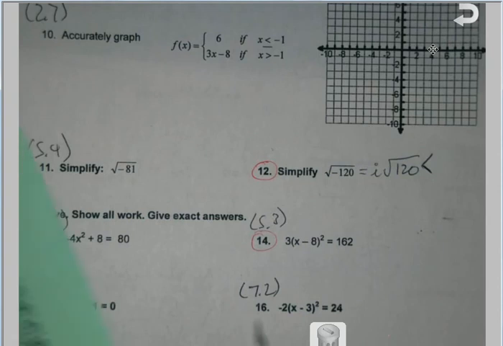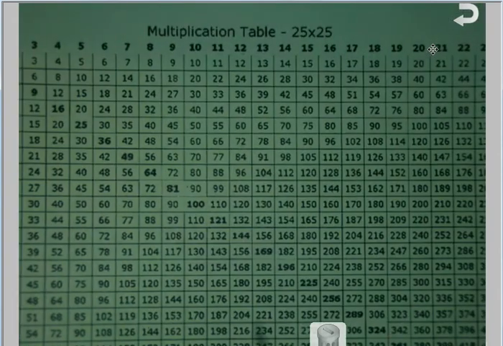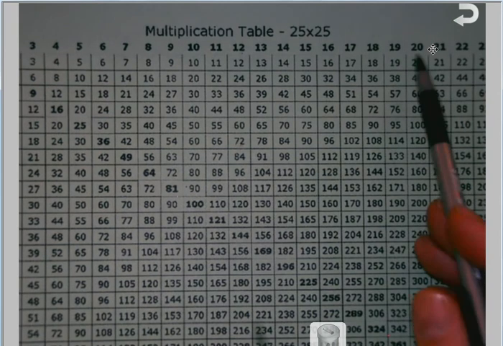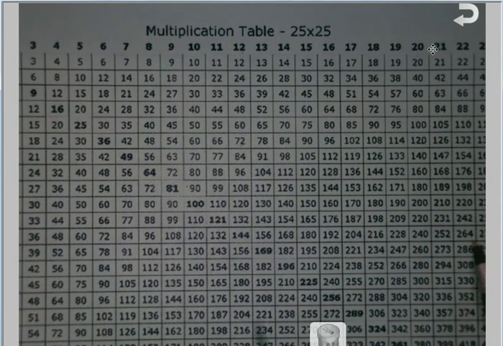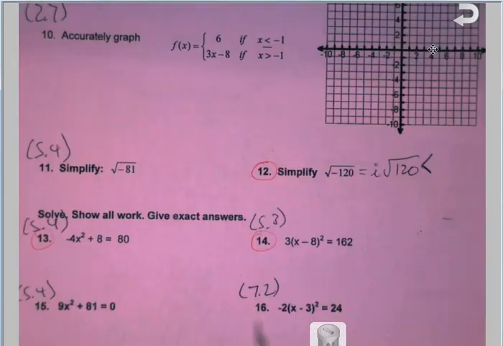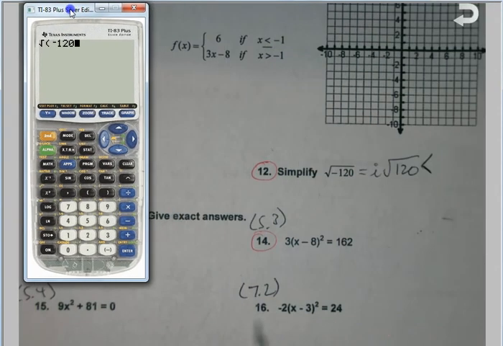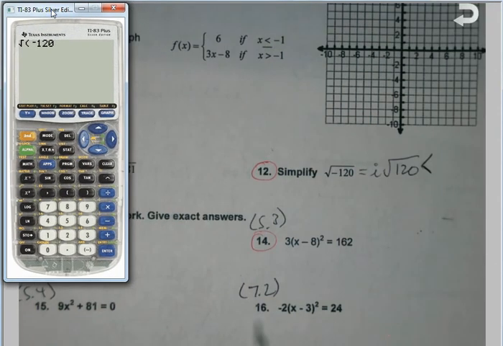That's an option. I could go to my handy dandy chart and start looking for 120s and see if I can find a pair of factors where one of them's a perfect square. Not a terrible idea.